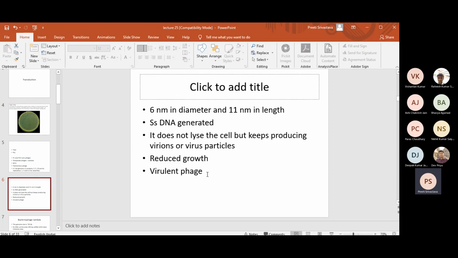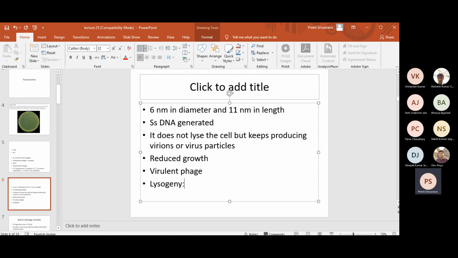When you have lysogeny, that means integration into the chromosome, you will see normal sized colonies. On the other hand, in case of M13, you will see reduced growth. That means you will see colonies only, but they will be tiny. They will not be normal sized because from these colonies continuously the virions are being released at a rate of about 1000 particles per hour.